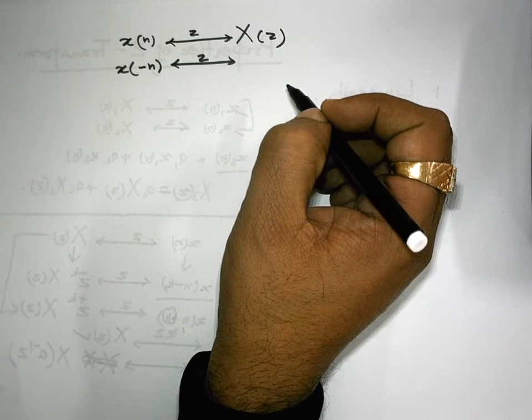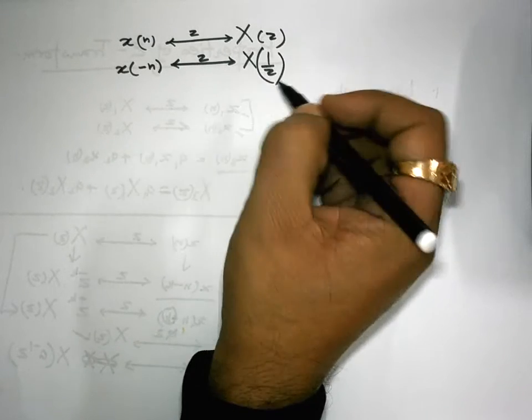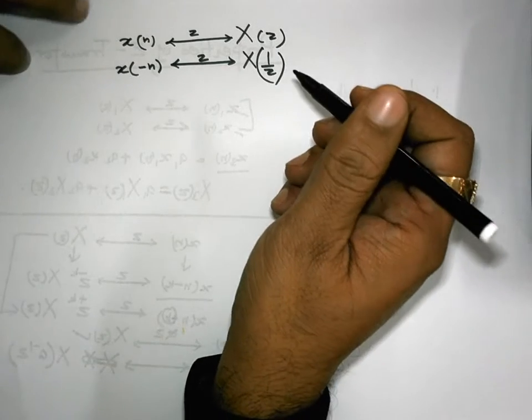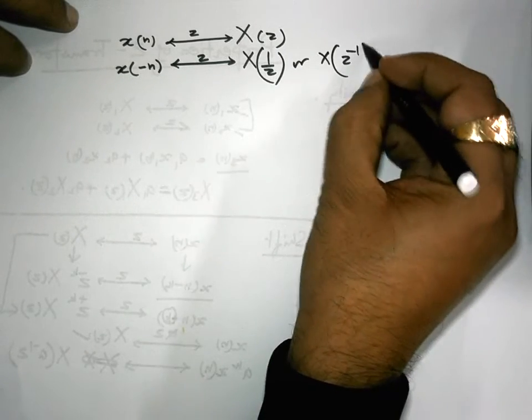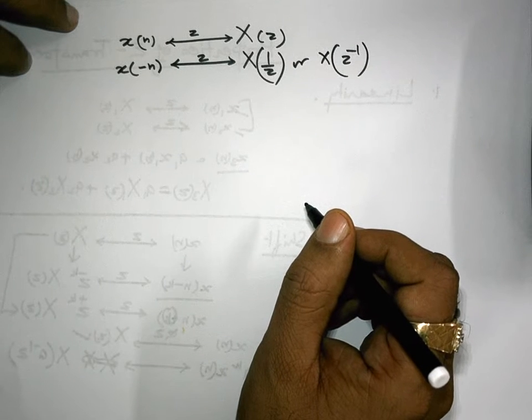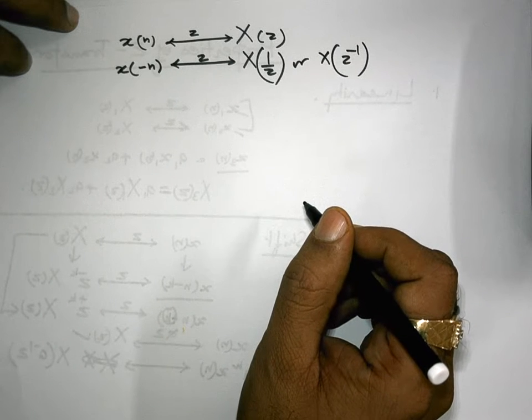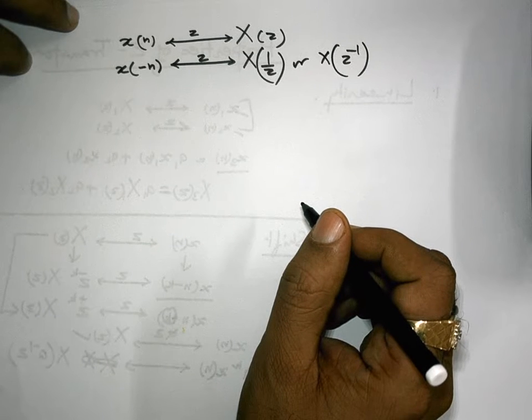This happens to be X(1 by z), or X(z inverse), and their ROC will also be modified according to these results.